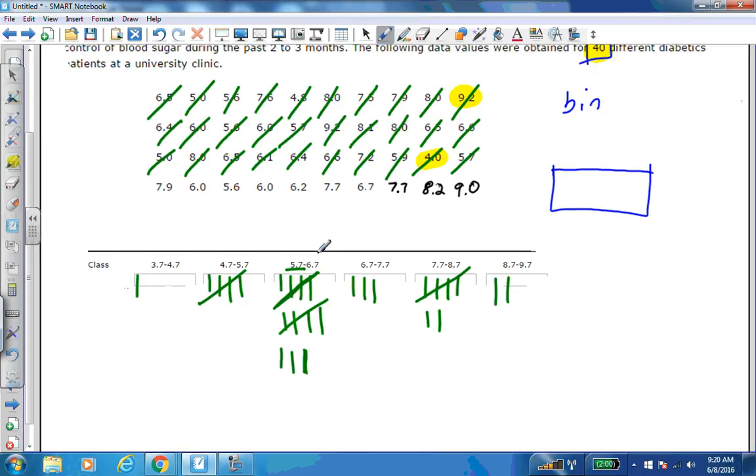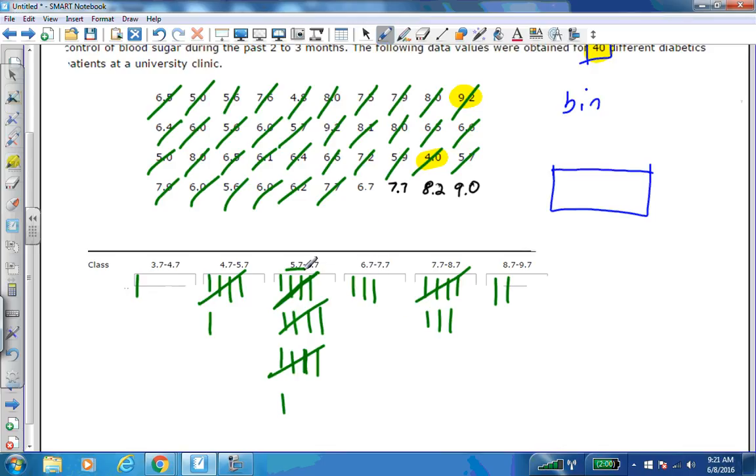7.9, 6.0, 5.6, 6.0, 6.2, 7.7. We're not including the upper boundary, so 7.7, that's here. 6.7, we are including the lower boundary, so 6.7 goes here.